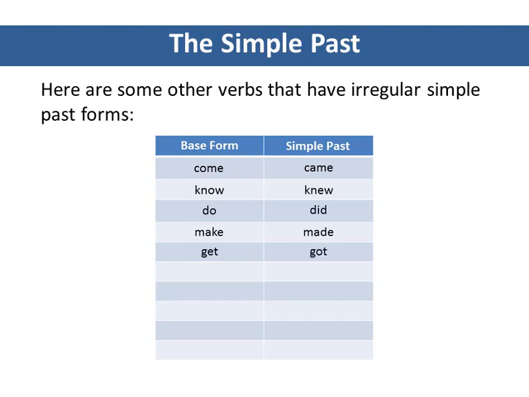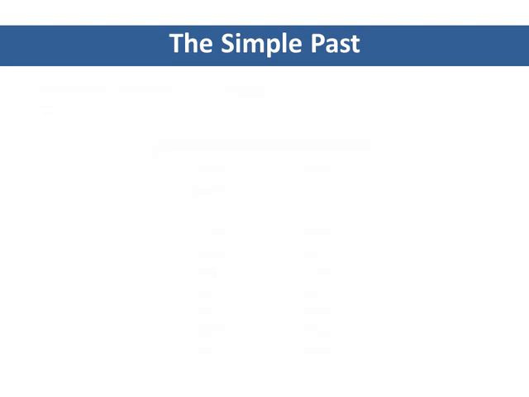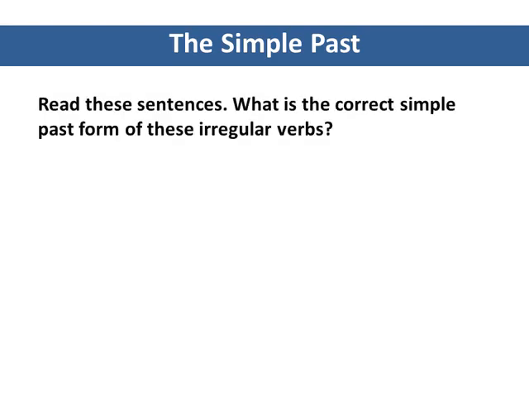Get, got. See, saw. Go, went. Say, said. Have, had. Take, took. Read these sentences. What is the correct simple past form of these irregular verbs?